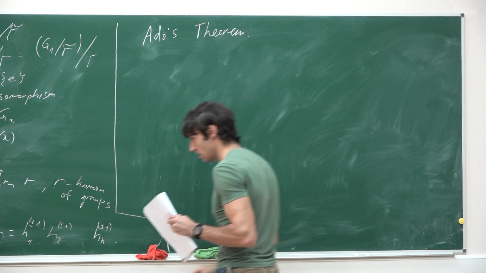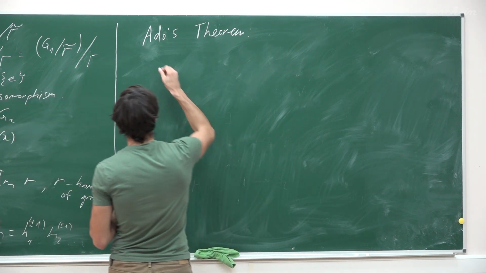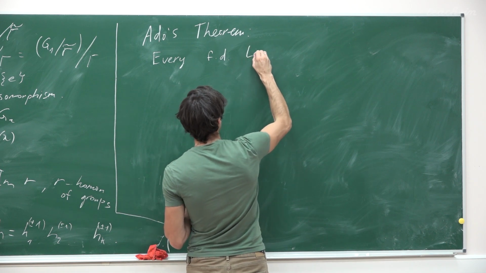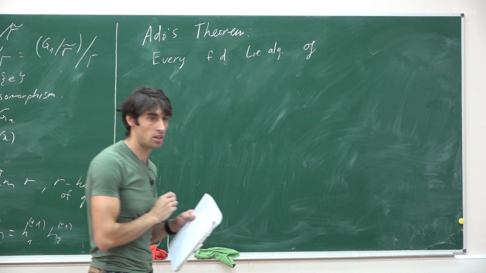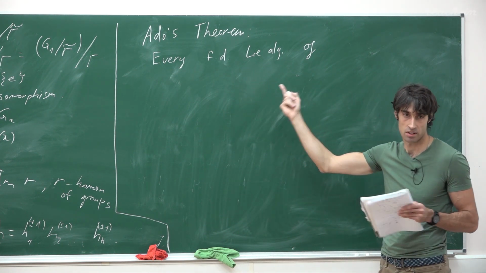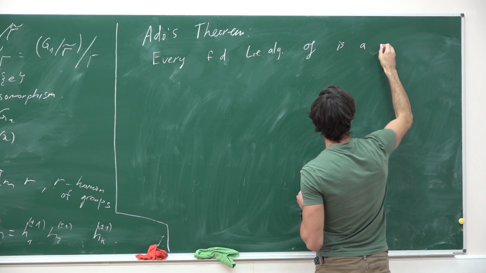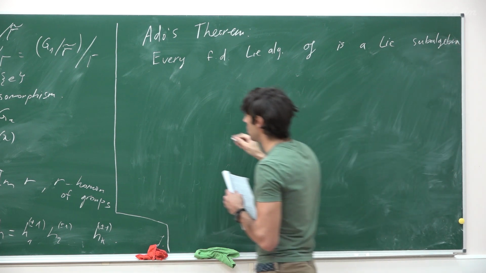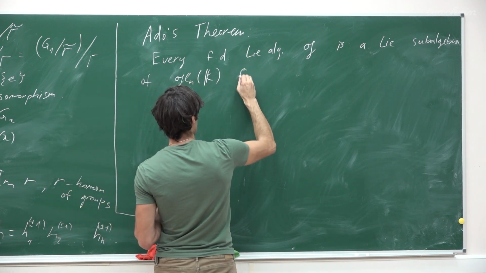It says that every finite dimensional Lie algebra g, over maybe real, maybe complex, it works for both, is a Lie subalgebra of gl_n(K) for some n.